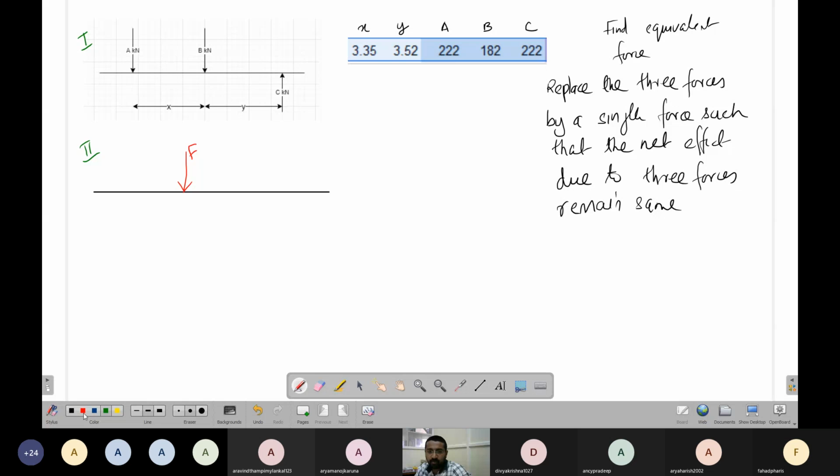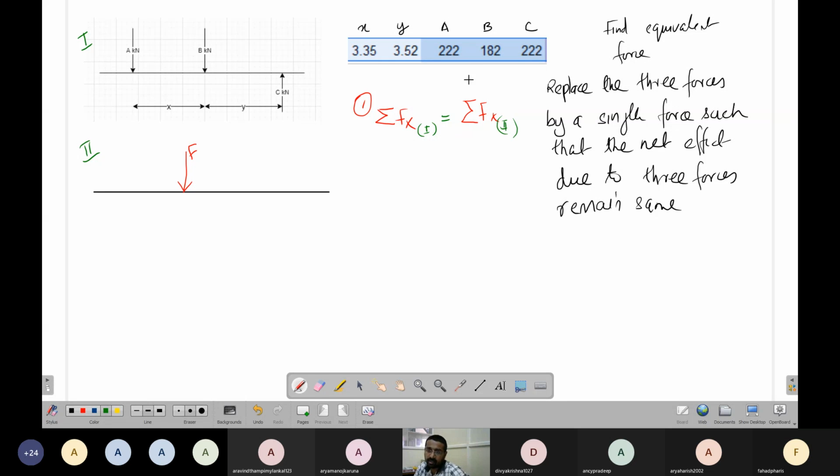What are the conditions you have to satisfy? The first condition is for translation: the summation of all the forces in the x direction of system 1 should be equal to the summation of all the forces in x for system 2.